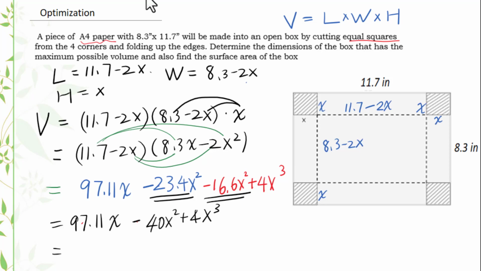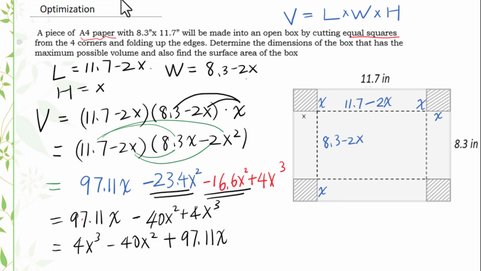Let's organize this polynomial in descending order: 4x to the third power minus 40x squared plus 97.11x. Since we are looking for the maximum possible volume, we need to figure out V prime of x.